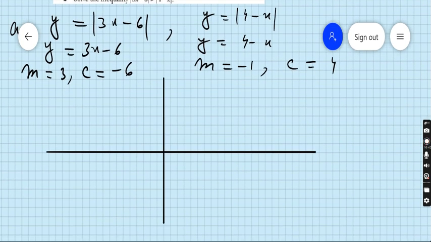Now draw both straight lines one by one. So this is your x-axis, this is your y-axis, and this is the origin. The first equation is y equals 3x minus 6. So the gradient is 3. What is the formula of gradient? Rise upon run.